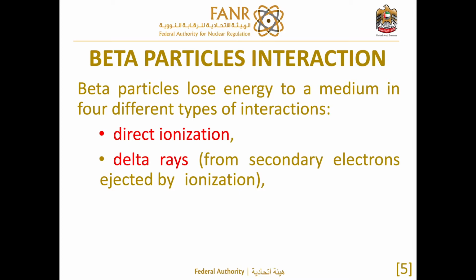Delta rays are secondary electrons which are created by the interaction of beta particles with a material, which are themselves able to ionize. So they create secondary tracks in materials. The original track, we will see an example later, of the beta particle in the material, plus additional tracks generated by the secondary energetic delta rays.